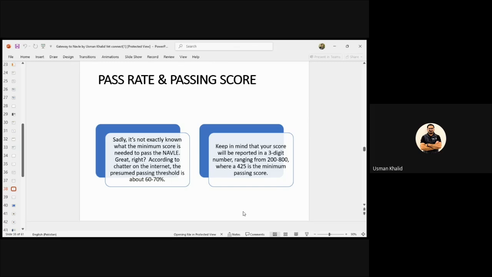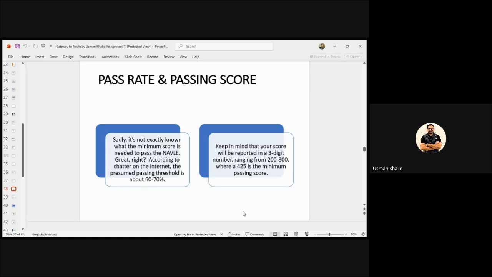They are applying some kind of statistics, getting some kind of average or something, that I really don't understand. They are giving a statistics curve, and for example, if you are getting 425 marks, that is considered the passing score.